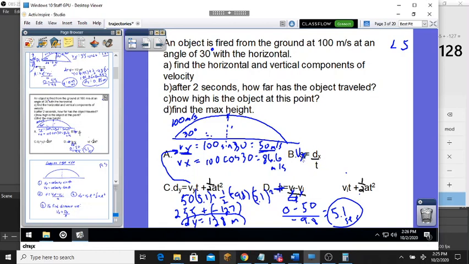So Vx, where do we get Vx from? From right here. This gets plugged in right there. So Vx was 86.6 equals dx divided by my time. Where did I get my time from? This was actually time right here, 5.1 seconds.